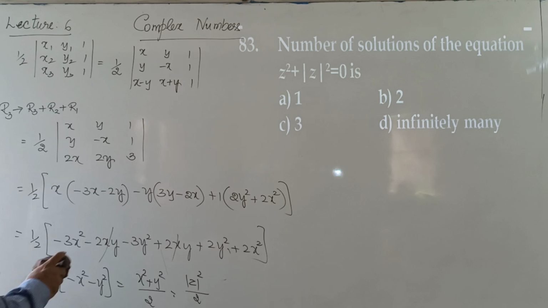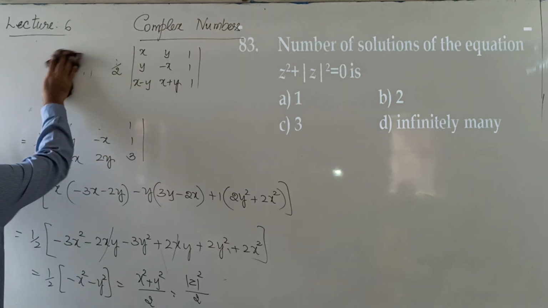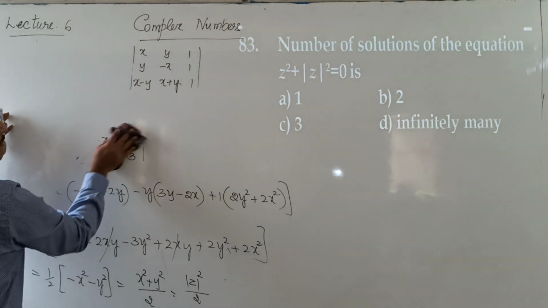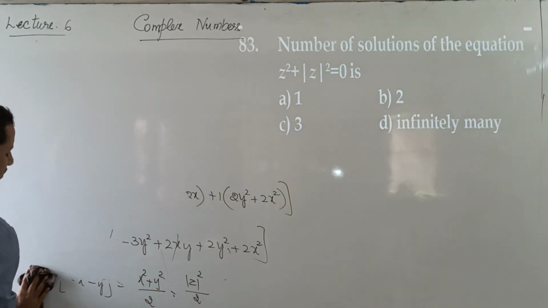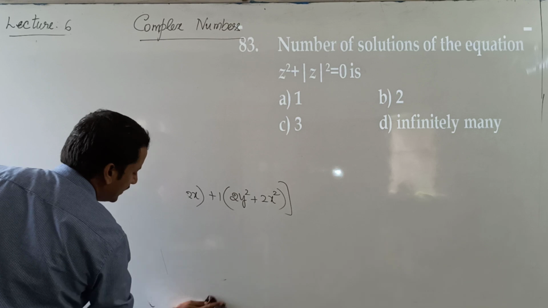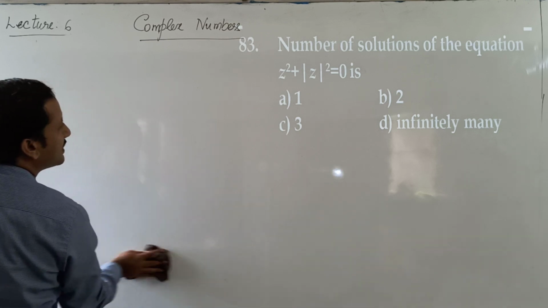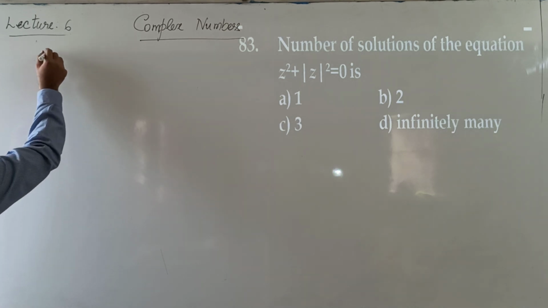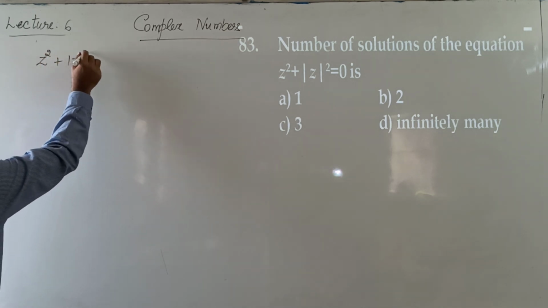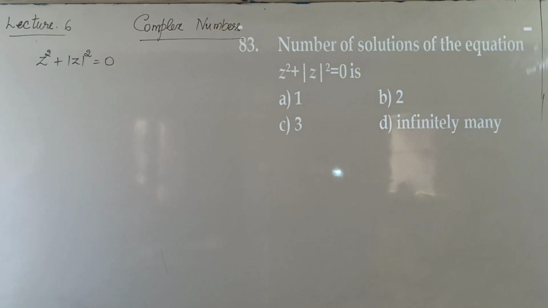The number of solutions of the equation z square plus mod z whole square is equal to 0. So how many solutions does this have? That's the question.